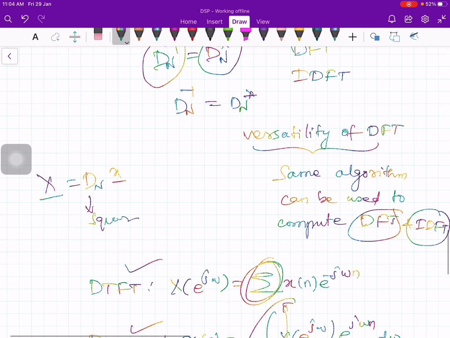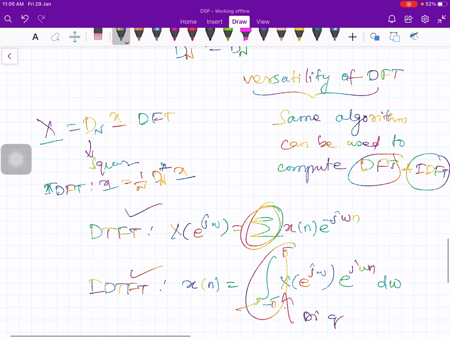Similarly, this is the DFT, and how do you find the IDFT? IDFT, small x bar is equal to 1 by N dn complex conjugate times X bar. We have demonstrated the matrix representation, and this is very useful.